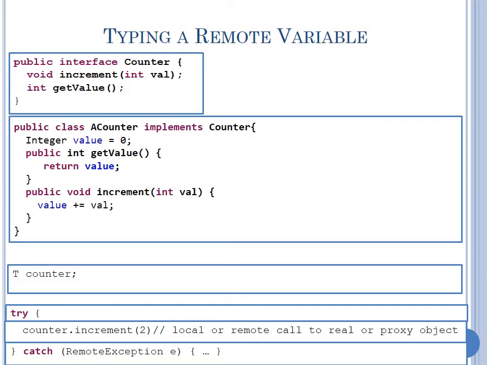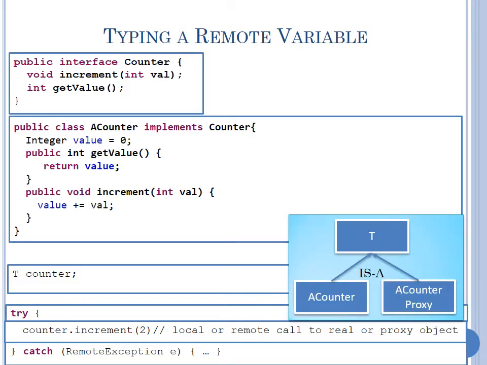We came up with many answers, and any answer that you come up with should satisfy the following property. Since two kinds of objects can be stored in this variable, one is an instance of a counter, which is our remote class, and the other is an instance of a proxy. We don't know quite what the name of that class is, but we know it's a proxy, so I'm just calling it a counter proxy.